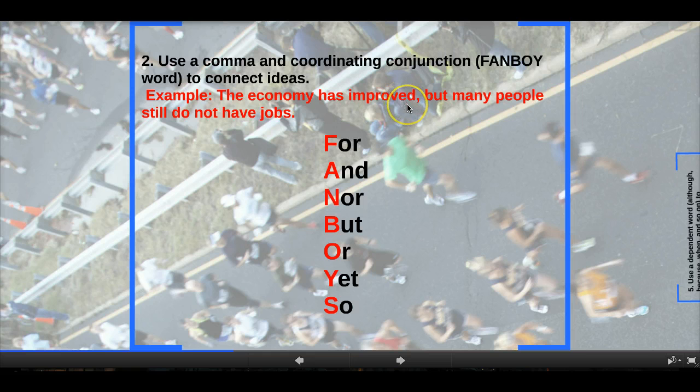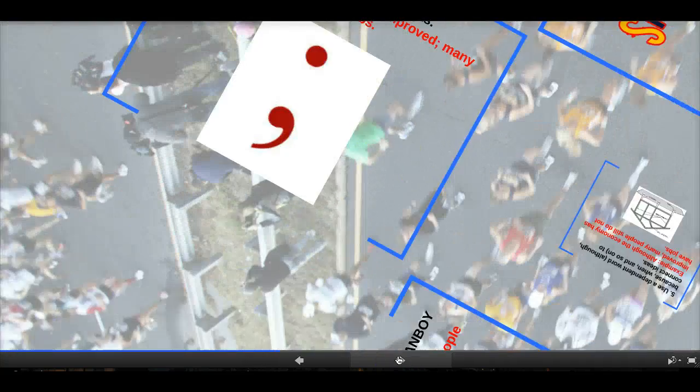Remember, we can only connect two complete ideas with a comma if we have one of those FANBOYS words after it. And you always want to make sure you choose the FANBOYS word that makes sense, because it wouldn't make sense to say: The economy has improved, comma, so many people still do not have jobs. You can see how that doesn't make sense. So let's keep going.